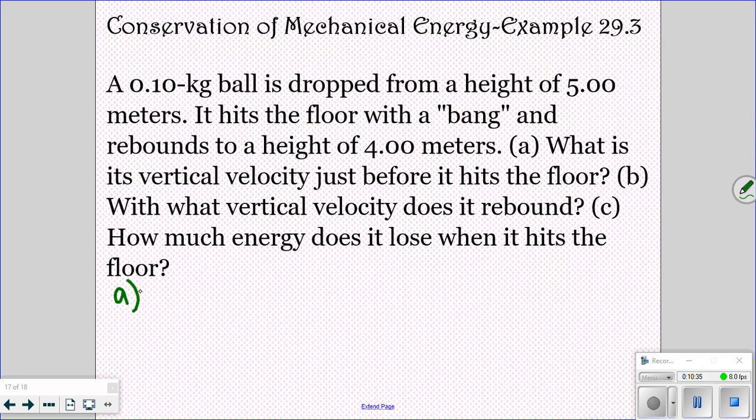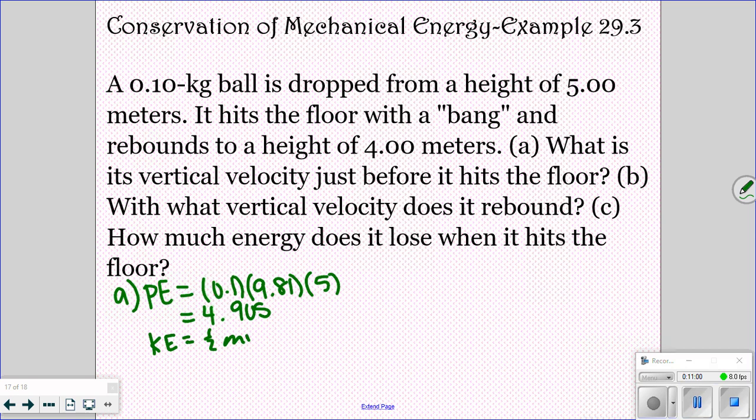The potential energy that it has before it is dropped is the mass, which is 0.1, times the gravity, 9.81, times the height, which is 5. So that's 4.905. Then just before it hits the floor, all of that has been converted into kinetic energy, so we're going to use our kinetic energy formula.